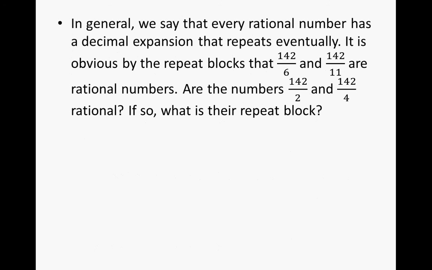So in general, we say that every rational number has a decimal expansion that repeats eventually. It is obvious by the repeat blocks that 142 over 6 and 142 over 11 are rational numbers. Are the numbers 142 over 2 and 142 over 4 rational? If so, what is their repeat block?